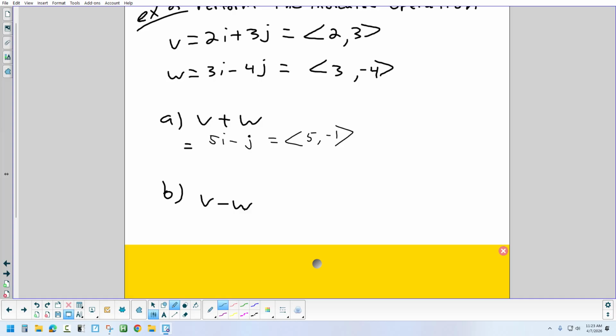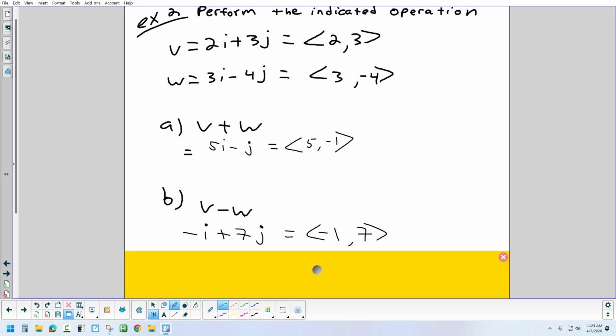Is it -i plus 7j? Yep. 2i minus 3i, and 3j minus -4j. And what would that be in our other notation? -1, 7.